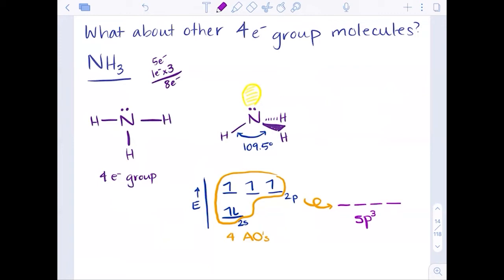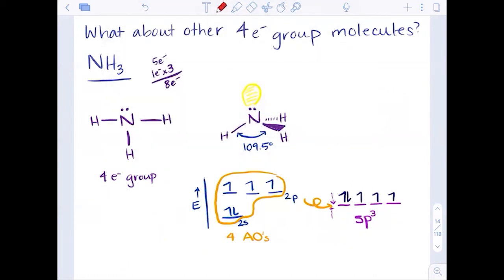Notice that they're a little bit lower than the p's and a little bit higher than the s. They're somewhere in between. And then I get to fill up with my 5 electrons: 1, 2, 3, 4, 5. Hund's rule says that I put 1 in each degenerate orbital before I pair.